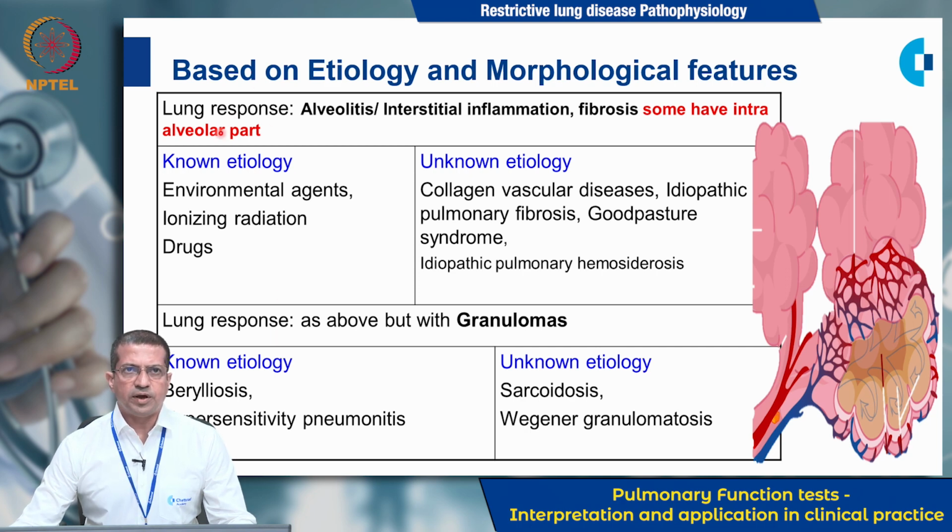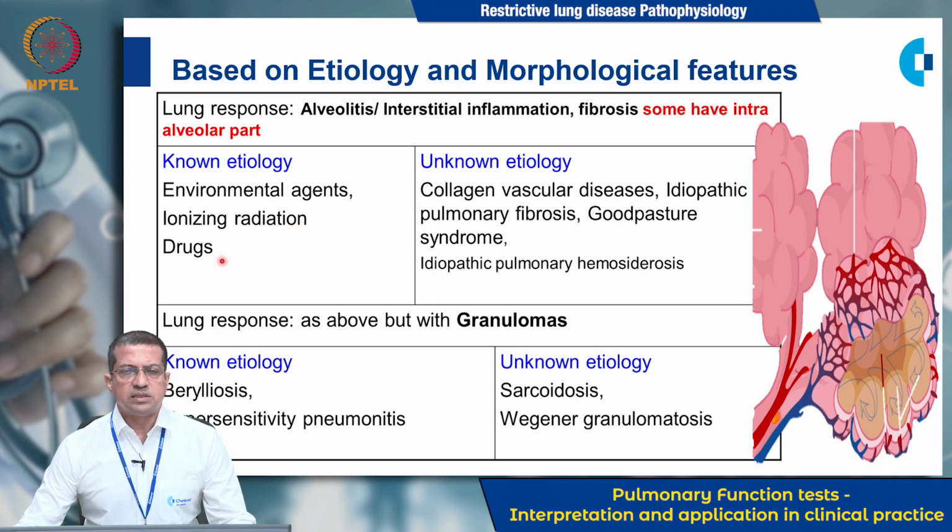So, if you take the fibrosing lung disease, you have some agents which cause them. It could be more likely due to occupational hazardous substances, which we call environmental agents, or air pollutants. Nowadays, ionizing radiation has become a very common cause of fibrosing lung disease.